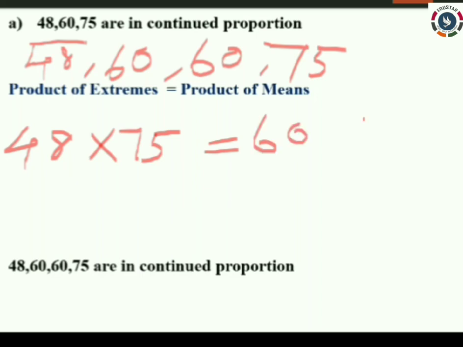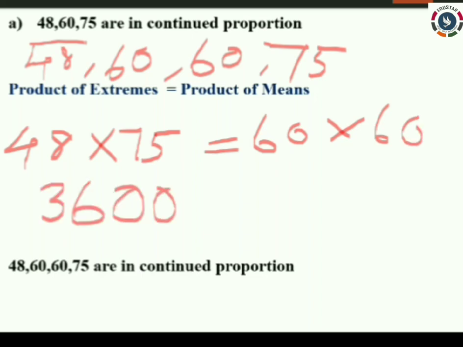So 60 into 60, if you multiply, you will get 3600, and here also you will get 3600. These two are equal, right? Product of extremes is equal to product of means. So 48, 60, 75 are in continuous proportion.